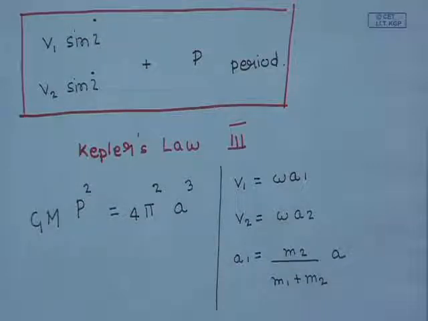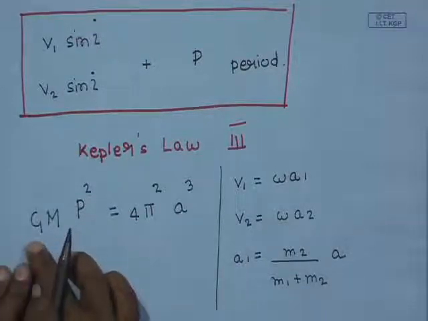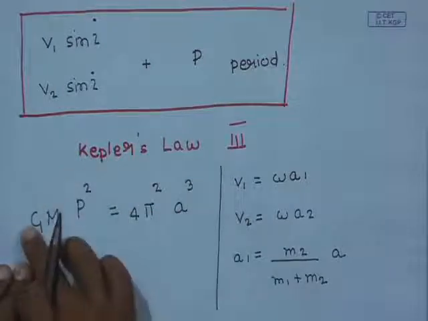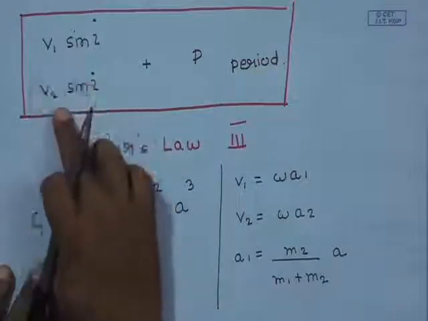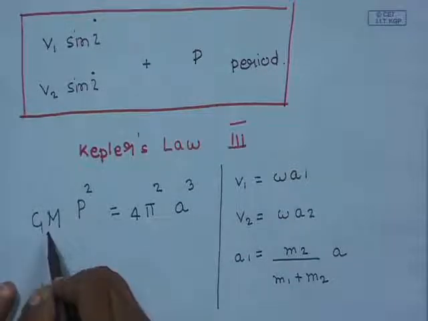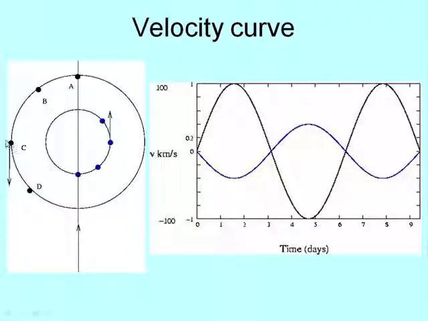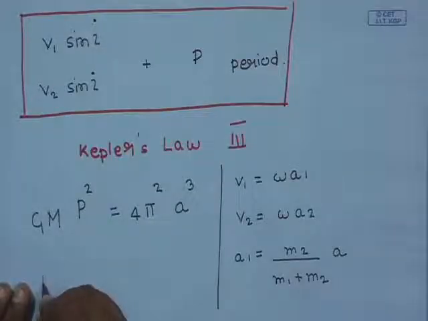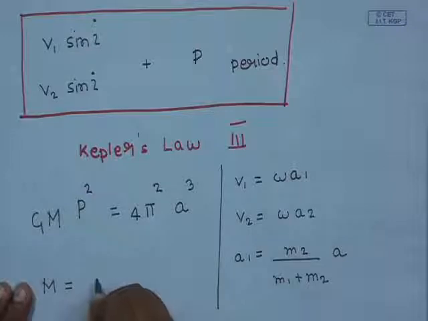So, what we would like to do is write this law in terms of the observed quantities. Another point which I should remind you is that the combined system of these two objects, which have respective masses M1 and M2, behaves like a single body system which has a total mass M1 plus M2.